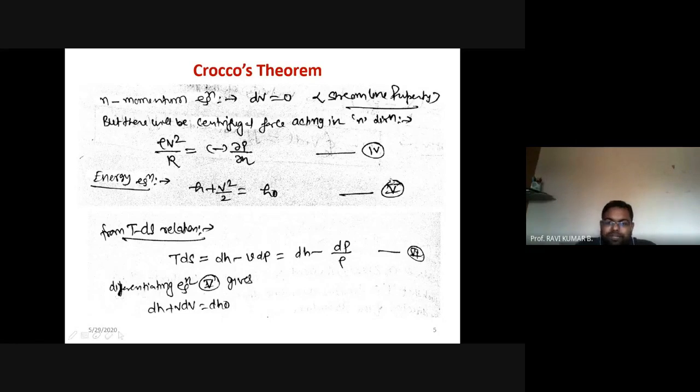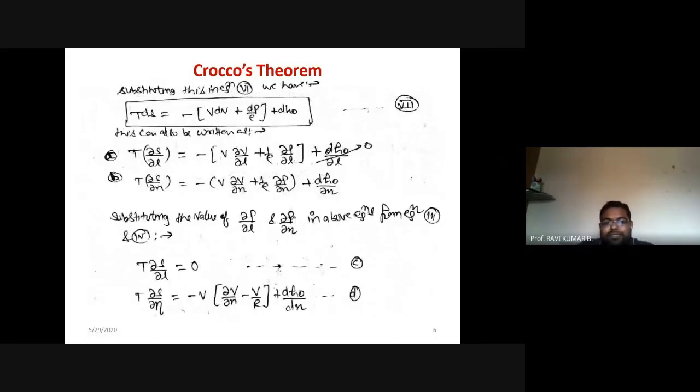Now if we differentiate this energy equation to get the differential form, dh is present here, so I need to write the dh value. If you differentiate equation number 5, this becomes dh plus v dv is equal to dh naught, where the total enthalpy is constant, so any difference will be 0 for that case.